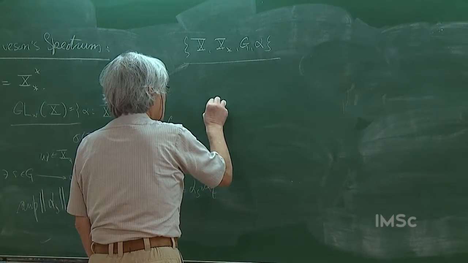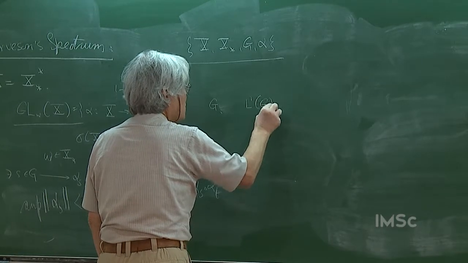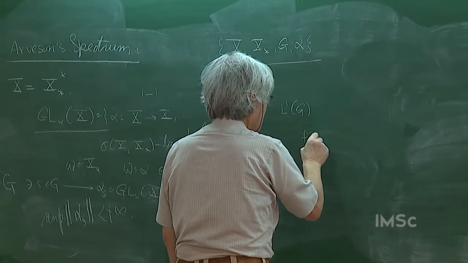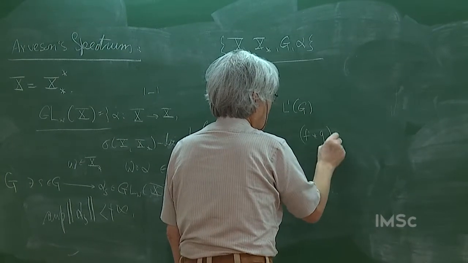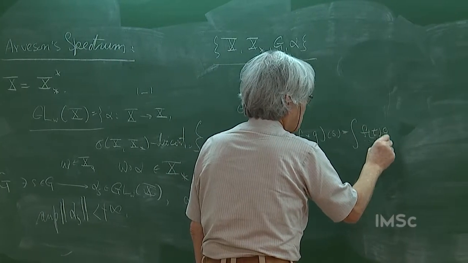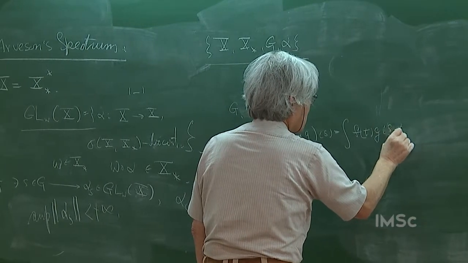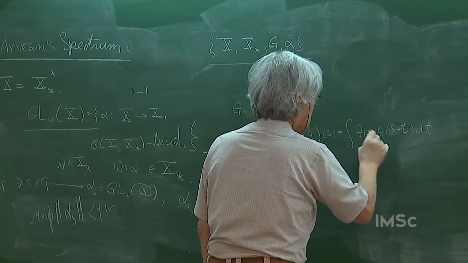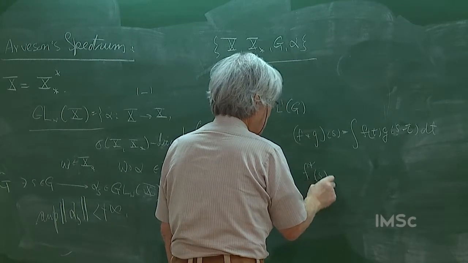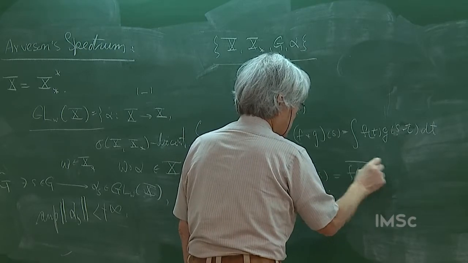When you have a group G, then L1 of G is a Banach algebra, with convolution f * g(s) equal to the integral of f(t) g(s minus t) dt. And the involution, well, we are not much concerned about the involution, but f*(s) is f of minus s.